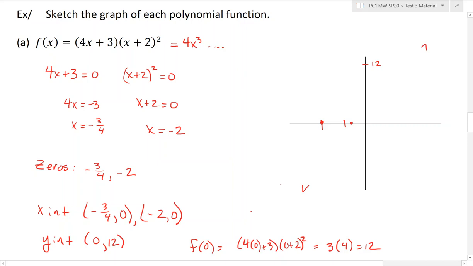Okay. Now behavior around your zeros. If you notice, this one has a 2 exponent on it, which means this has an even multiplicity. You're going to bounce once you get to that -2 on the x-axis. So one thing I like to do, so I remember to do this as I'm drawing, is just put a little dashed halo around it, and that reminds me to go ahead and bounce when I do my graph.